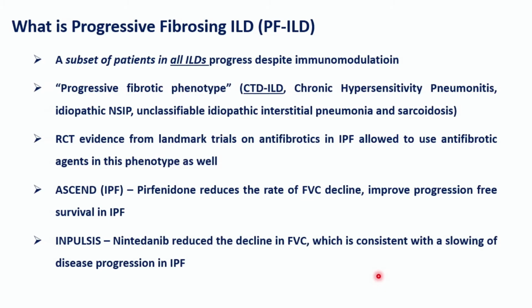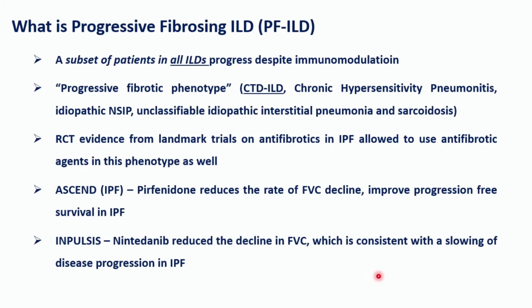So randomized controlled evidence from the landmark trials of antifibrotics in idiopathic pulmonary fibrosis, or IPF, gave us an idea whether these antifibrotics could be used in the subset of patients who progress to fibrosis. These two are the landmark trials I was talking about.